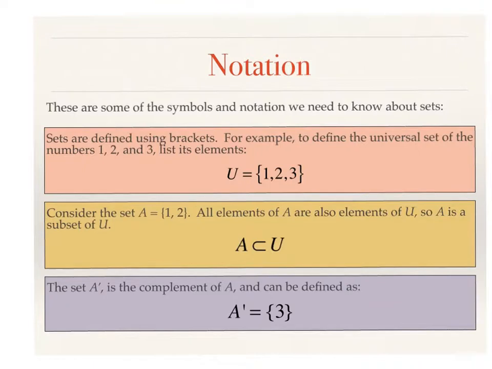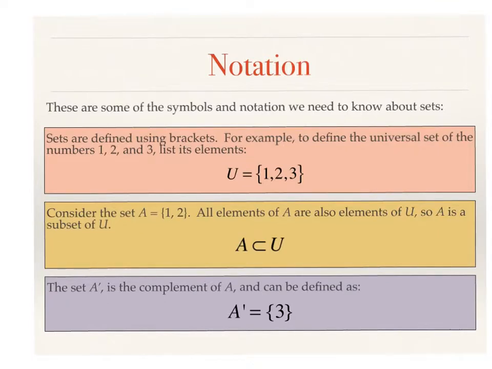I'm just saying that's the universal set, everything we're looking at is 1, 2, 3. The set 1, 2, which I've named A, since 1 and 2 are both inside U, that means A is a subset of U.